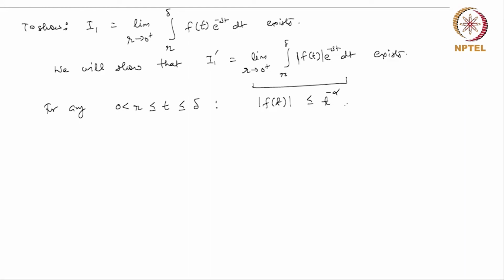So in this region from r to delta, we have this inequality, and so we can write I1 prime as the limit as r goes to 0 plus of the integral r to delta of t to the power minus alpha e to the power minus st dt. So it is enough to show that this limit exists.